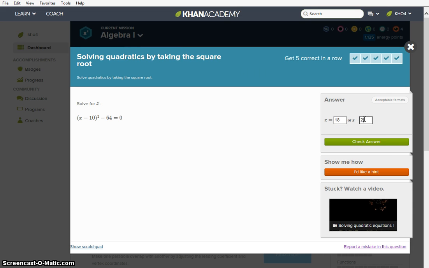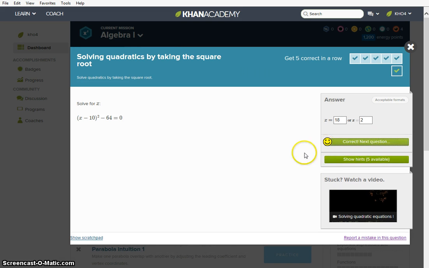Over 2. Add 64 to both sides so we can start isolating x on the left. Take the square root of both sides to get rid of the exponent, which is the 2 here.